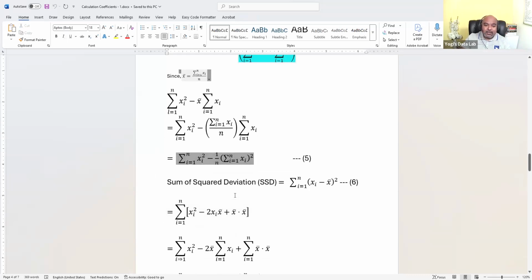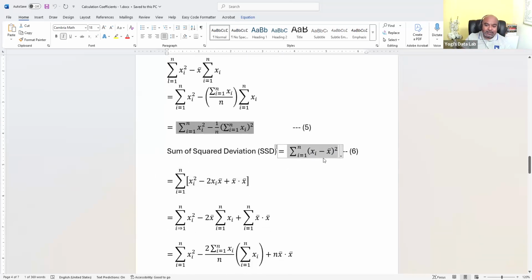If I consider sum of squared deviation, deviation means I'm moving away from the mean, right? And xi minus x bar, that is the movement from the mean. I'm doing a square and I'm summing it up. So this is that equation, sum of squared deviation.